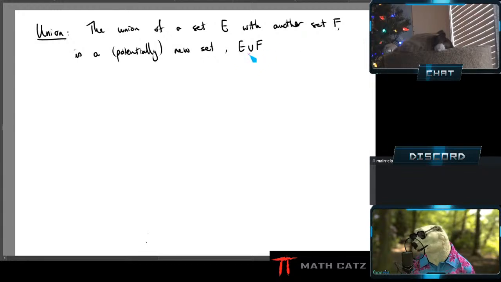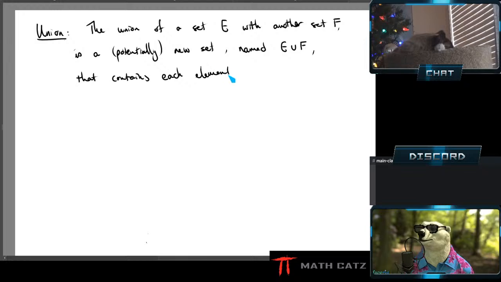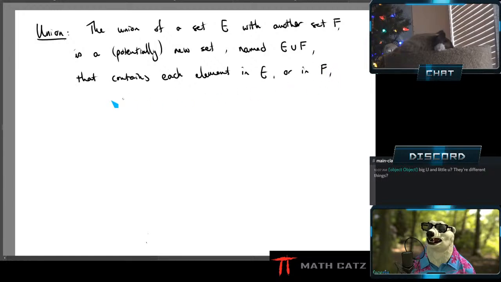The new set is going to be named, I emphasize that, this is just a name, named E cup F. We'll read it as E union F. And this new set contains each element in E or in F or in both.